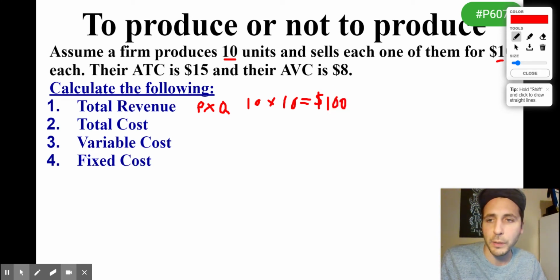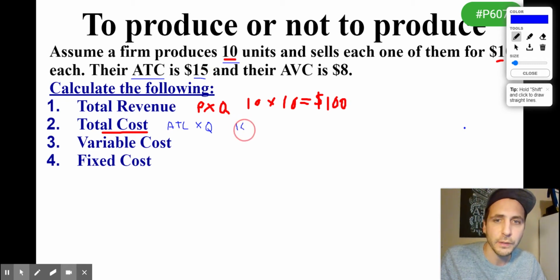Okay, jump here. What about total costs? Well, how do I calculate total costs? Let me change the color so it's not confusing for you. Calculate total costs by doing your average total cost, ATC, times the quantity that was produced. It told you how much was produced. It's 10. So my average total cost is 15.